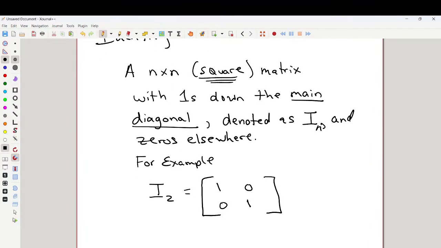An identity matrix, first and foremost, is always a square matrix. Secondly, it has ones all the way down the main diagonal. So what is the main diagonal? It's the diagonal that starts in the first row, first column, and works downwards. And then there's zeros everywhere else.